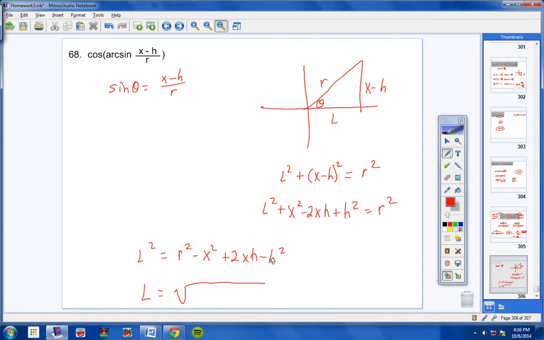That's okay. We'll leave it like this for now. So what I have is the square root of r squared minus x squared plus 2xh minus h squared, okay? Which is okay, no big deal. Now, I'm going to pick all of this up here and move that from my leg right up here, okay?